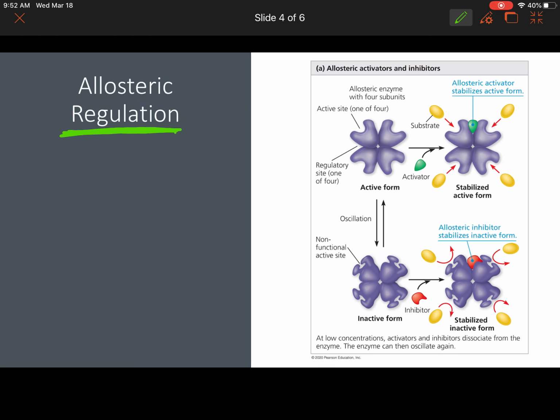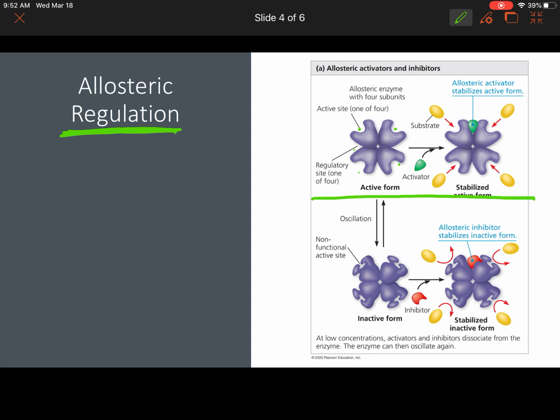Okay, so if we look at the top half of the figure, we have an enzyme with 4 subunits, which means it has quaternary structure. And there are active sites. Each enzyme has an active site.